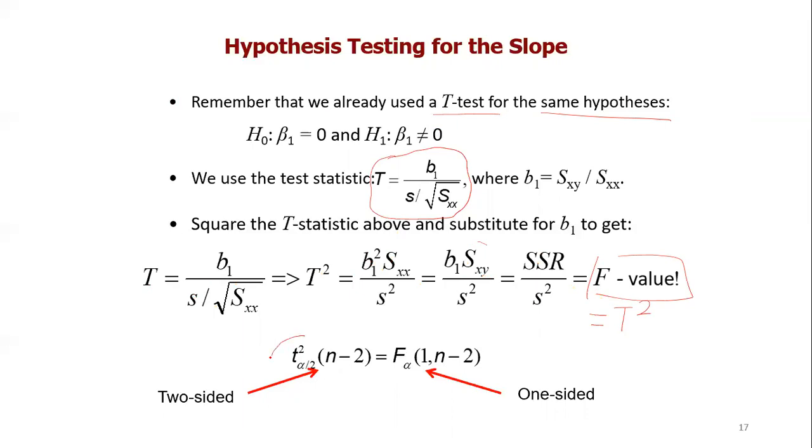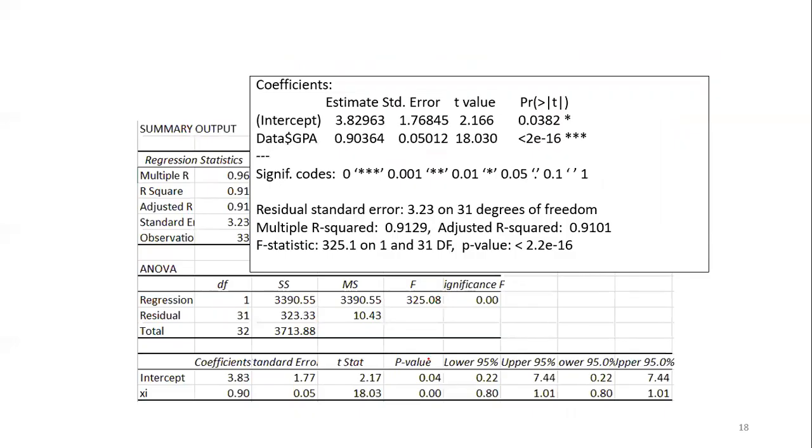So the two-sided test: the square of the T observed value for alpha over 2 with n minus 2 degrees of freedom is in fact equal to the F observed with alpha, with 1 degree of freedom and n minus 2 degrees of freedom. You can also see it here.